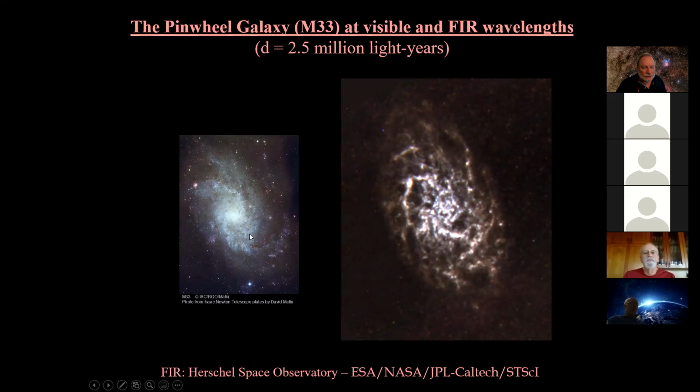And then we'll move on to the Pinwheel Galaxy, which is in the northern hemisphere, and it's 2.5 million light years away. And it's basically a raggedy spiral galaxy, about half the size of the Milky Way galaxy. And it has this region right here. It's called NGC 604. And that's about 500 Orion nebulae worth of star-forming matter.